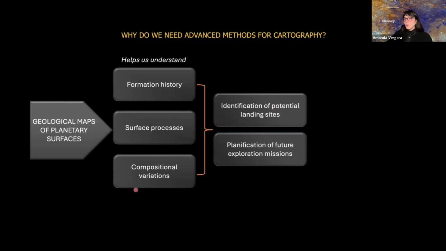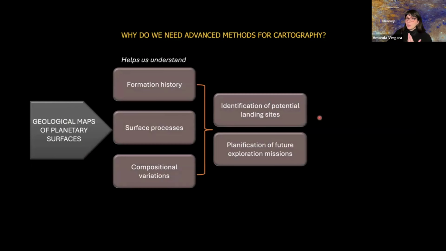We know that geological maps, both on Earth and on planetary surfaces, are great tools to help us understand, for instance, the formation history of a planet, the different surface processes such as volcanism, tectonics, and so on, and also the compositional variations, for instance, the lithology. And all this information together can have a practical use. They can be used, for instance, for the identification of potential landing sites or for the planning of exploration missions.